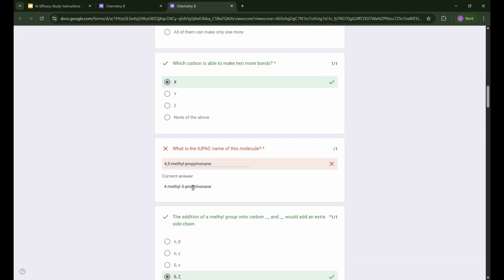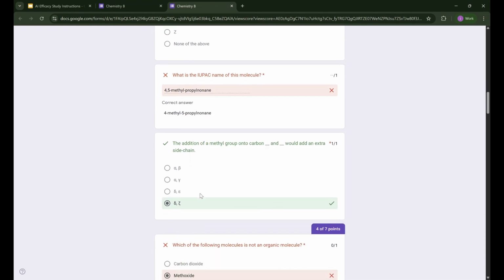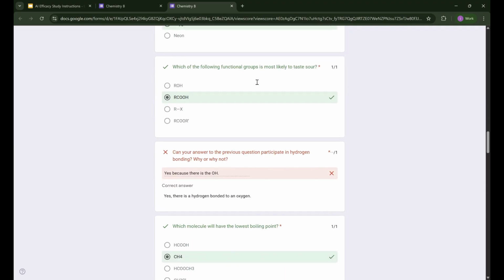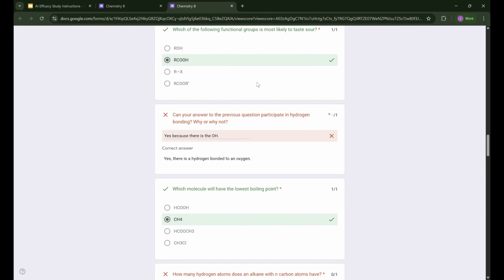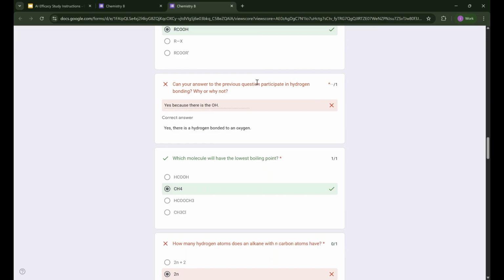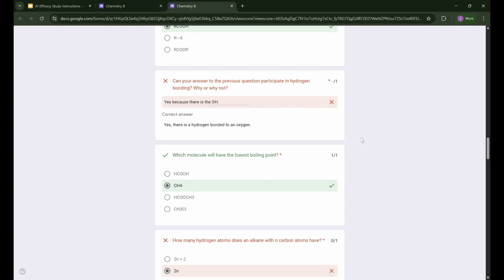Oh wow, I was so close. Carbon dioxide's not organic, huh? That's strange. Maybe because there's no hydrogen? Yeah, I basically got this.